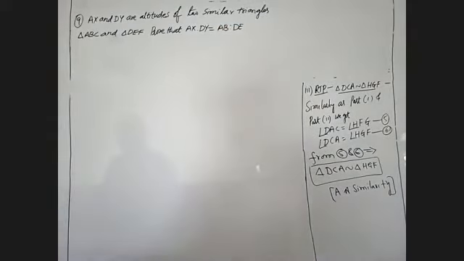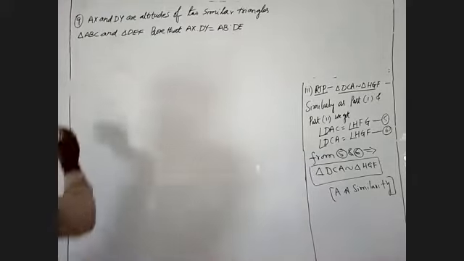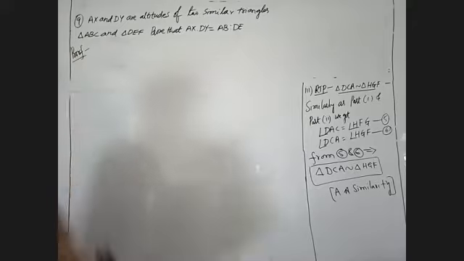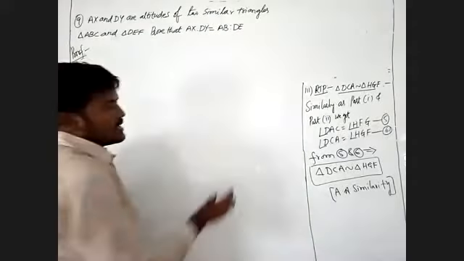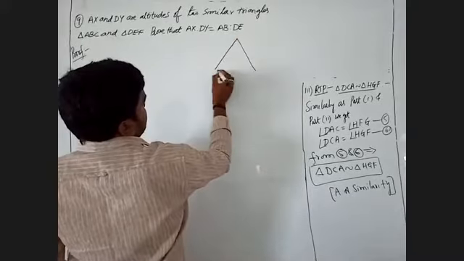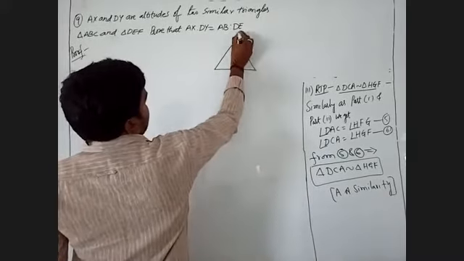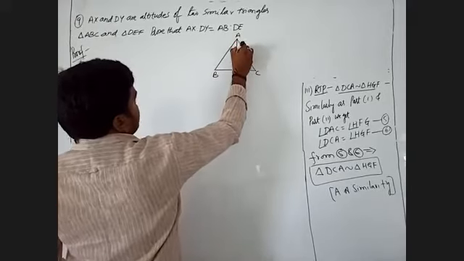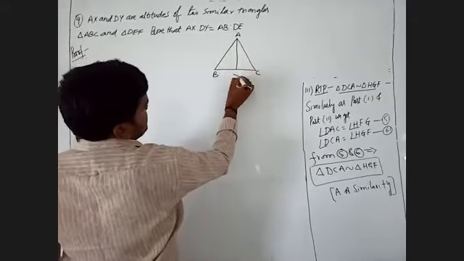First, I will draw two similar triangles. This is named as A, B, C. AX is the altitude, the given altitude.